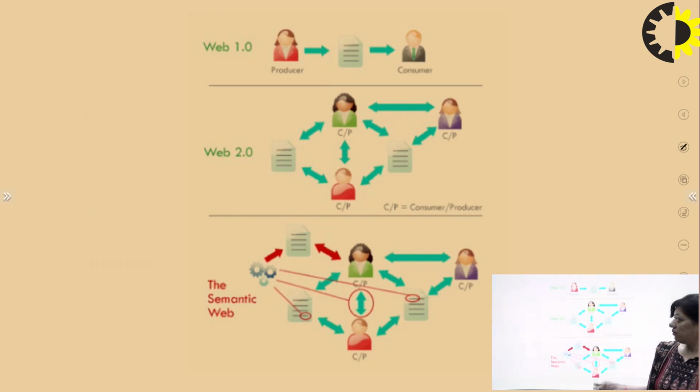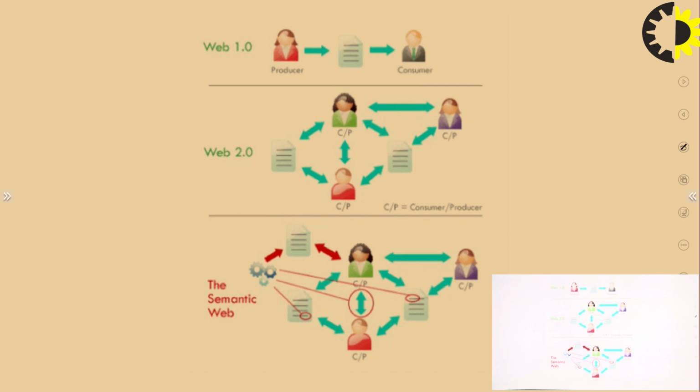So this is the first diagram. In Web 1.0, we have only producer and consumer direct interaction, and in Web 2.0 we have customer, product, and consumer. A consumer can directly interact with the producer, then the producer connects with the consumer, and then the consumer connects with Web 2.0.